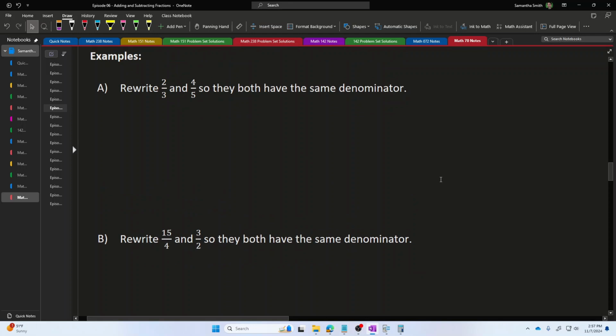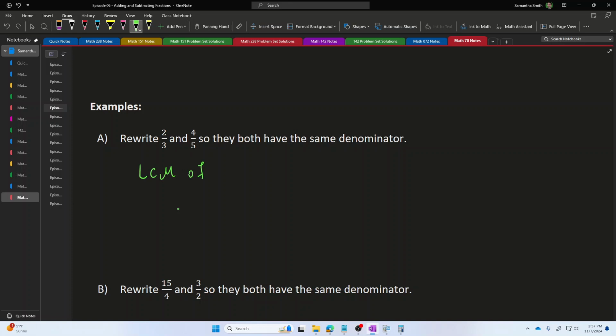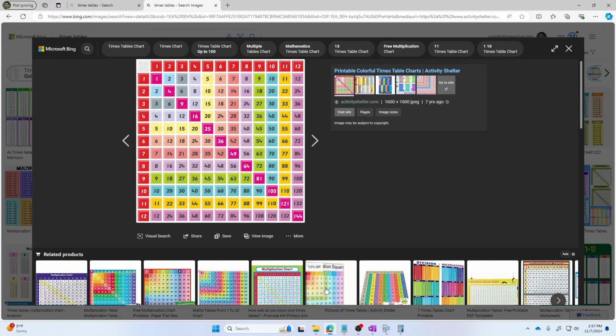So for example, if someone says to me, rewrite 2/3 and 4/5 so that they have the same denominator, the first thing that I'm going to do is ask myself, what's the least common multiple of the two denominators in these fractions, 3 and 5? Now, we did this one earlier.